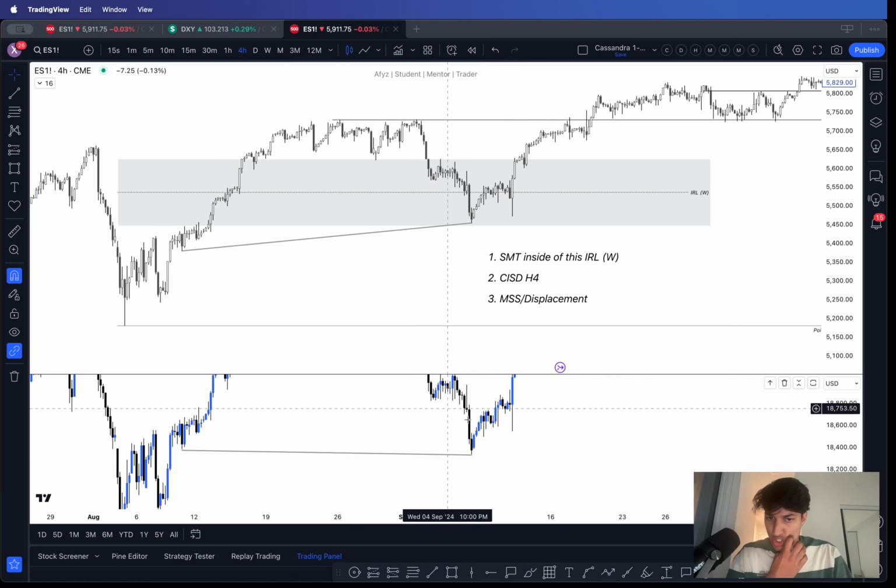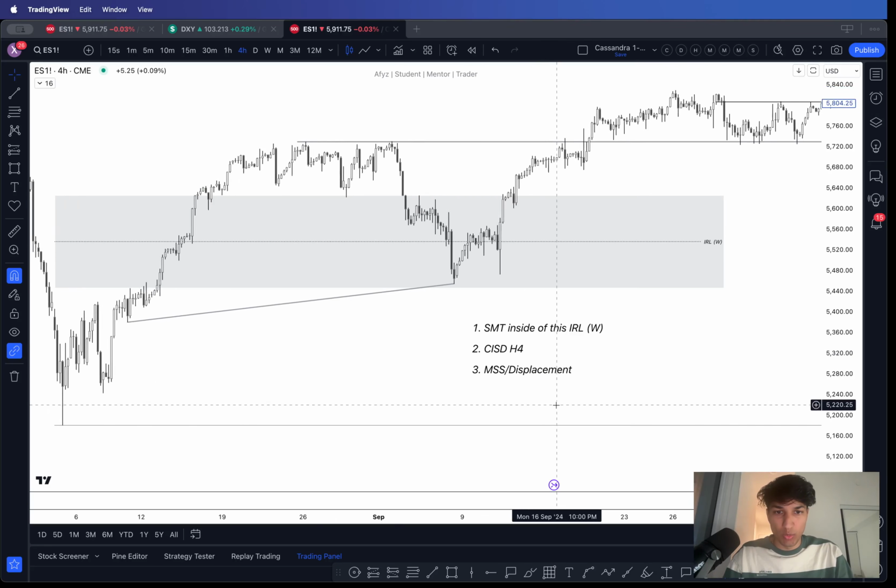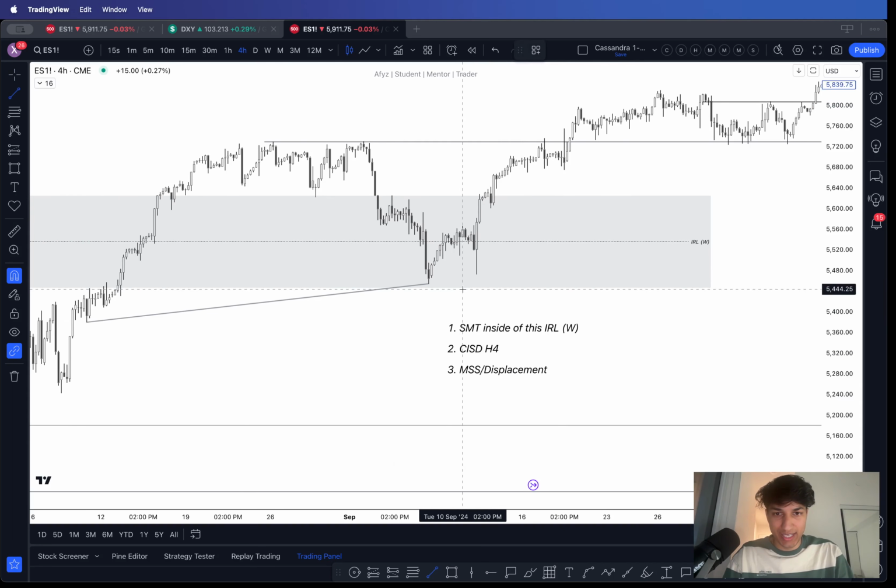This becomes our smart money technique, or SMT divergence, and now what we're looking for is a change in state of delivery on the 4-hour. A change in state of delivery is defined by the series of consecutive down close candles that form this SMT. So price moves above these consecutive candles.